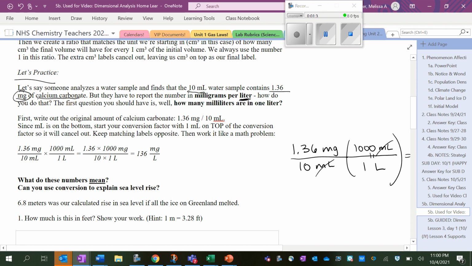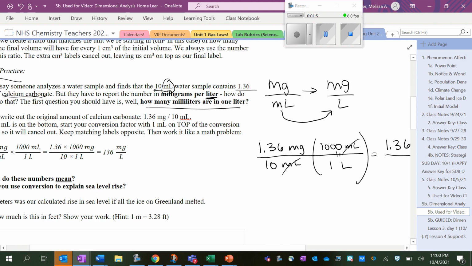This is milligrams per milliliter. So essentially we're going from milligrams per milliliter and we want this in milligrams per liter. Okay, how are we going to do that? Well, one question you should ask is, how many milliliters are there in 1 liter? And the answer to that is 1,000.